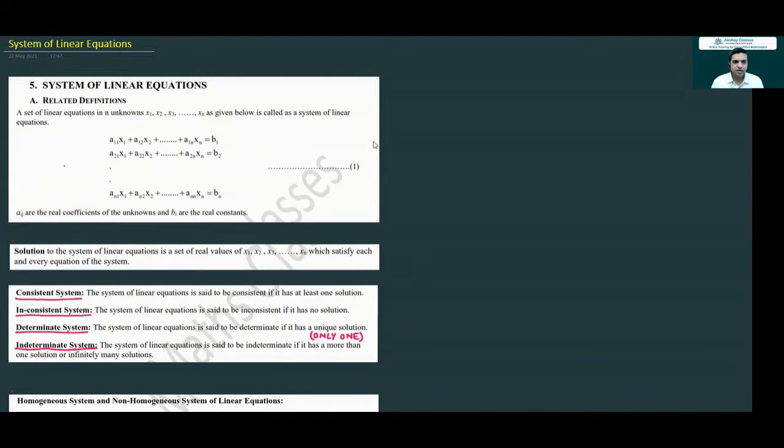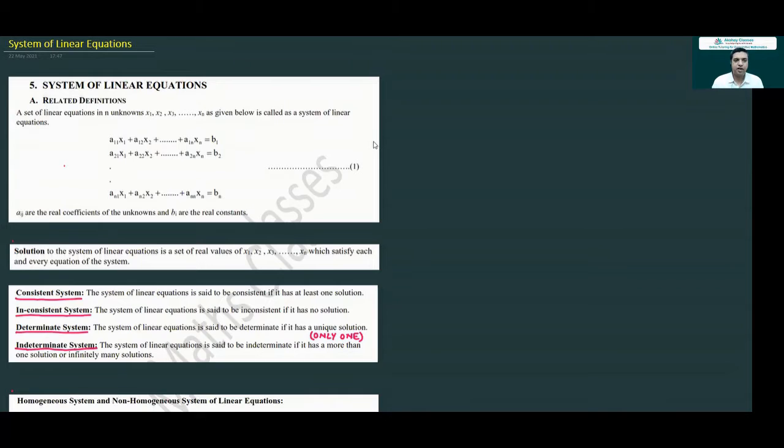Let us begin with the system of linear equations. The definition: a set of linear equations in n unknowns, x1, x2, x3 up to xn, as given below, is called a system of linear equations. There are n equations with n unknowns, and the coefficients of each unknown are aij: a11 x1, a12 x2, up to a1n xn equal to b1.